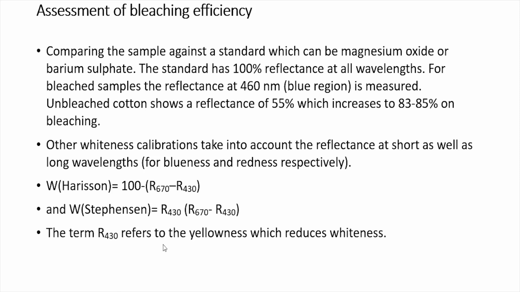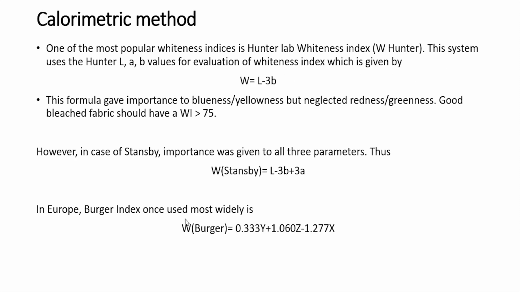R430 refers to the yellowness, which reduces the whiteness, and R670 is whiteness and R430 is yellowness. And another method you can use is the colorimetric method.